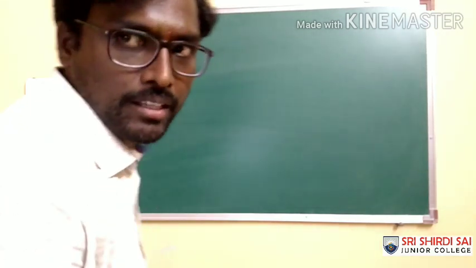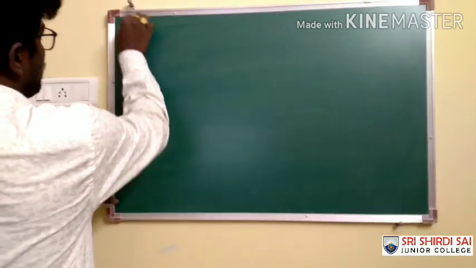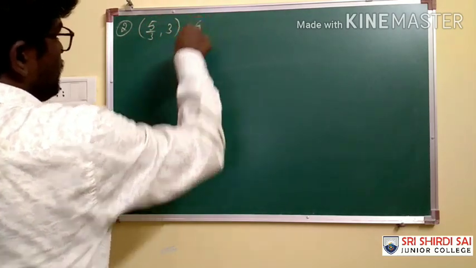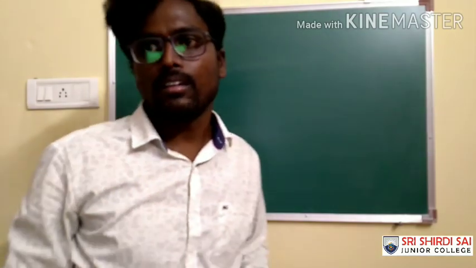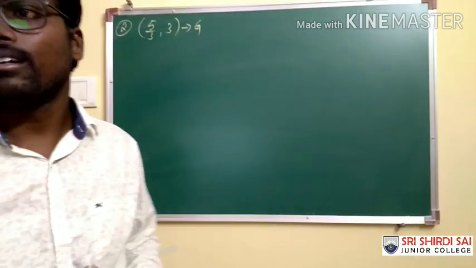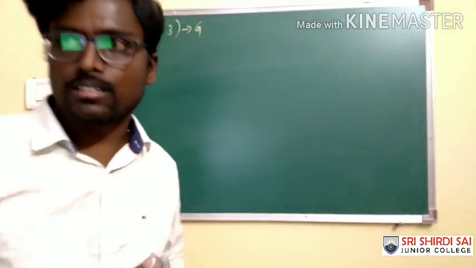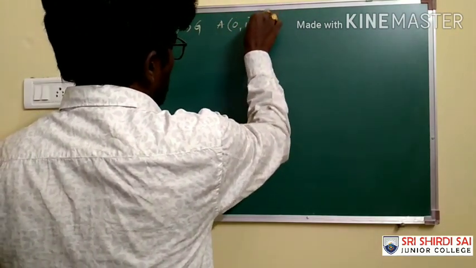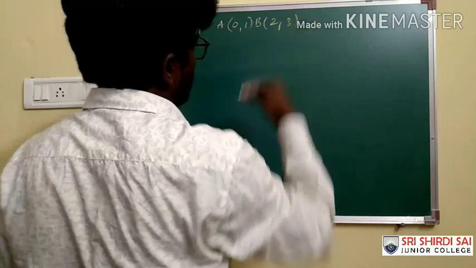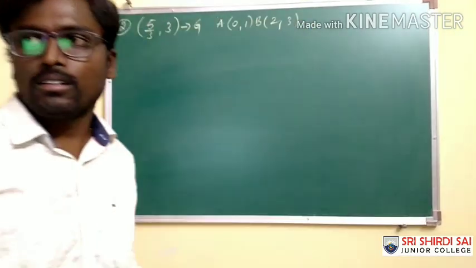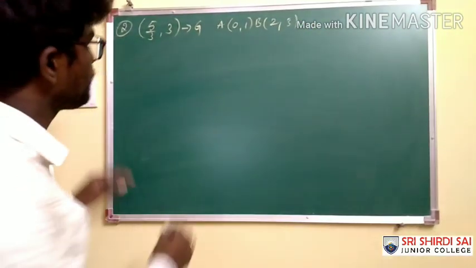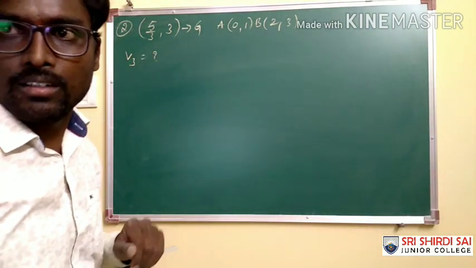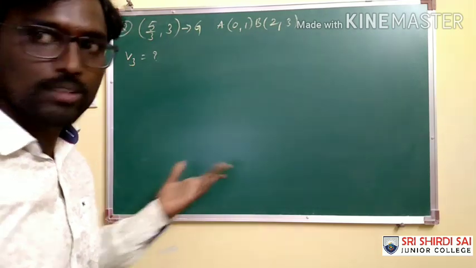If 5 by 3 comma 3 is the centroid, please note down, of a triangle, and its two vertices are 0, 1 and 2, 3. Let's consider those vertices are A and B. Then find its third vertex V3, circumcenter, circumradius and orthocenter.